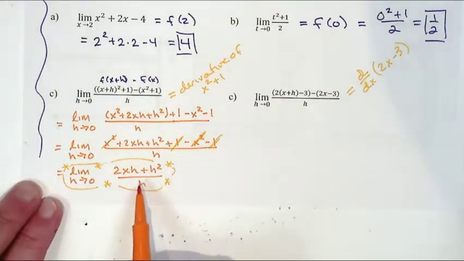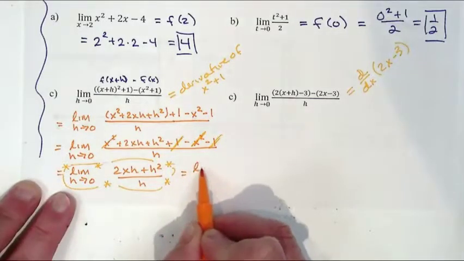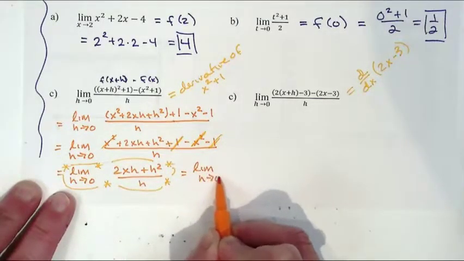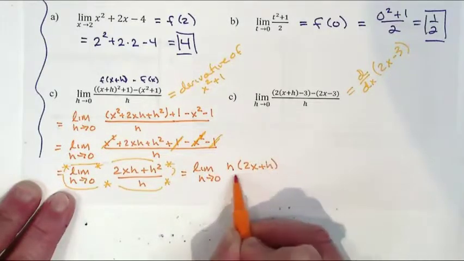What I need to do is factor an h out of the top. And only when I have a factor of h can I then cancel. So this is going to be the limit as h approaches 0 of h, 2x plus h over h.